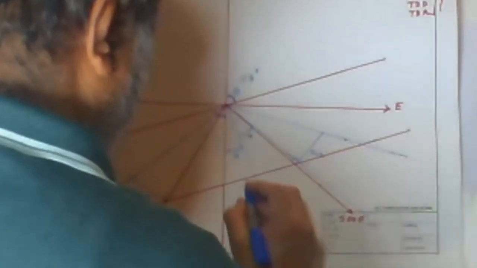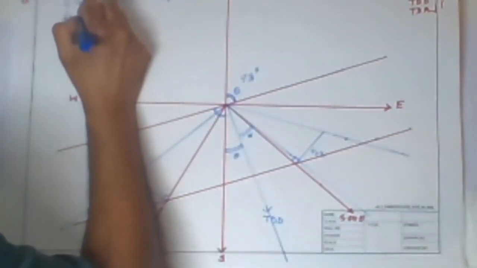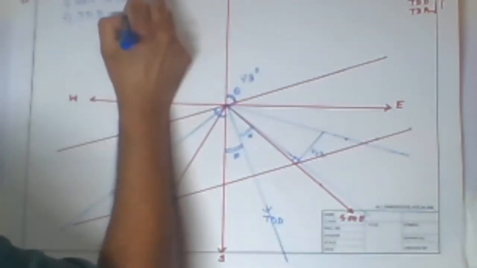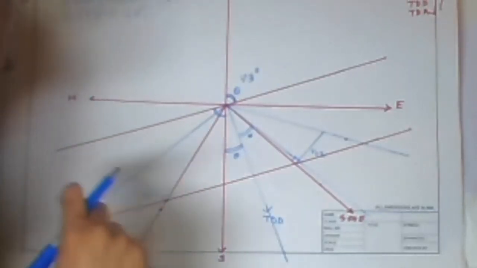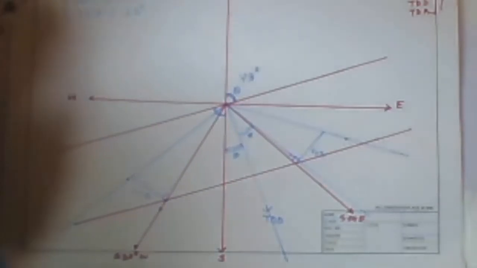This variation is very nice. 10, 20, 21, 22, 23. So it is 23. True dip direction is 23. Yes, a little bit of variation is there.